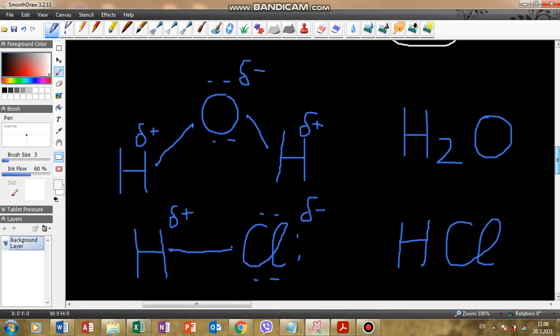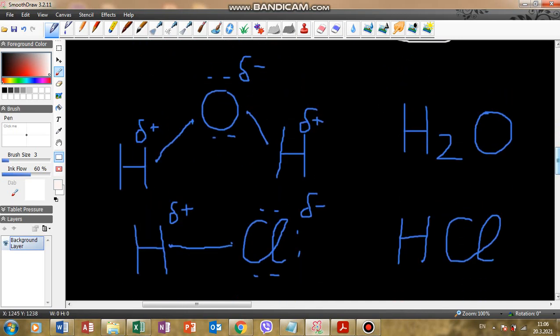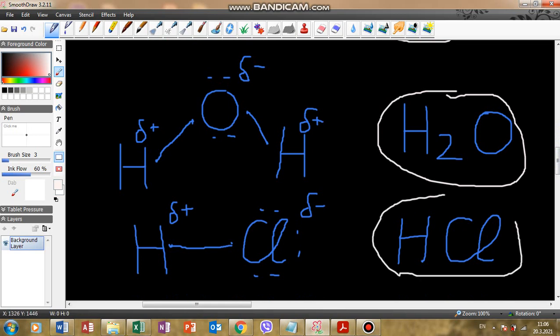Also, we have here two examples of polar covalent bond shown in the water molecule and the hydrogen chloride molecule. So we have two different atoms of nonmetals here forming those molecules.